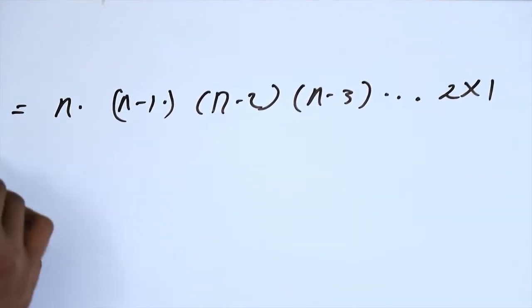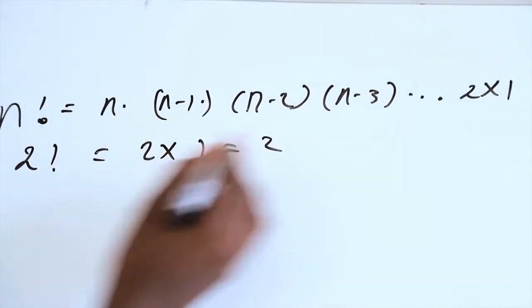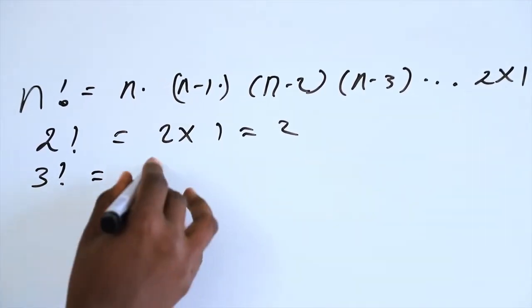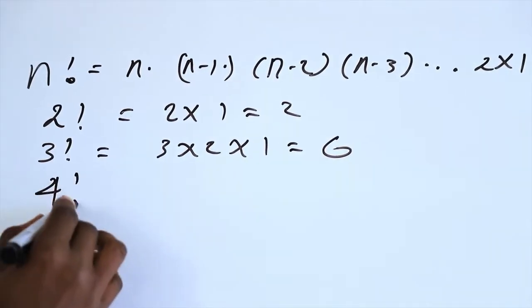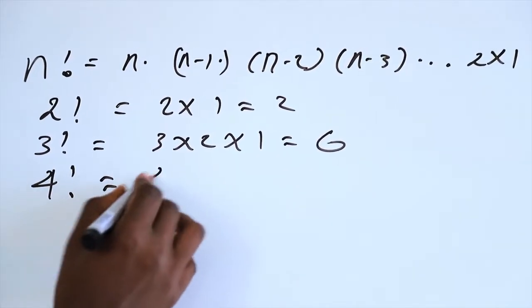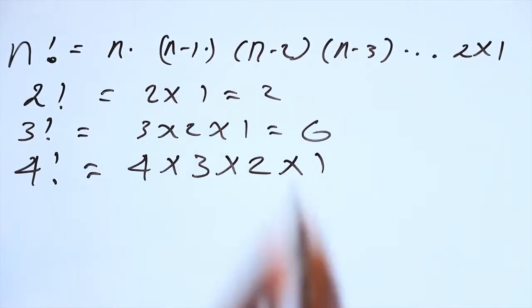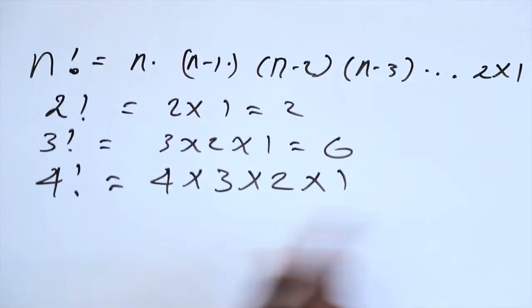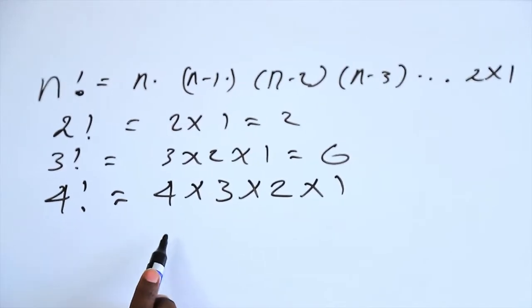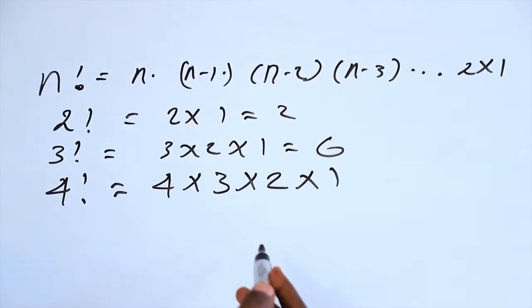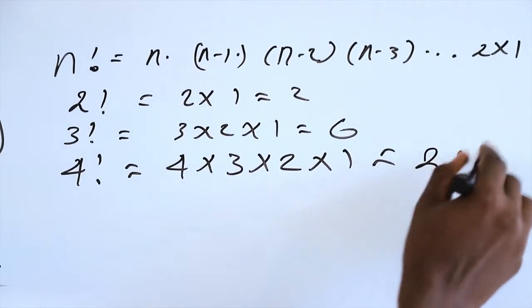For example, 2 factorial means 2 times 1, which is equal to 2. 3 factorial means 3 times 2 times 1, which is 6. And 4 factorial is exactly equal to 4 times 3 times 2 times 1, decreasing by one each time. We take the product of these. Now 4 factorial means 4 times (4 minus 1) 3 times (4 minus 2) 2 times (4 minus 3) 1, which is equal to 24.